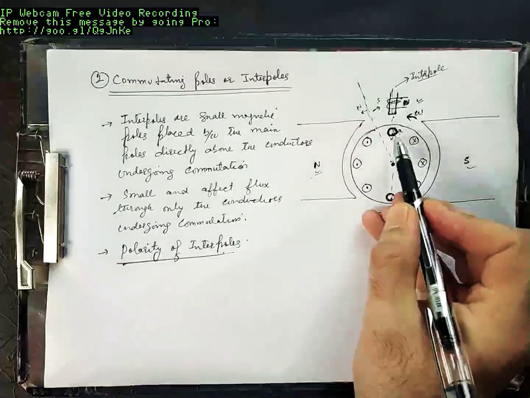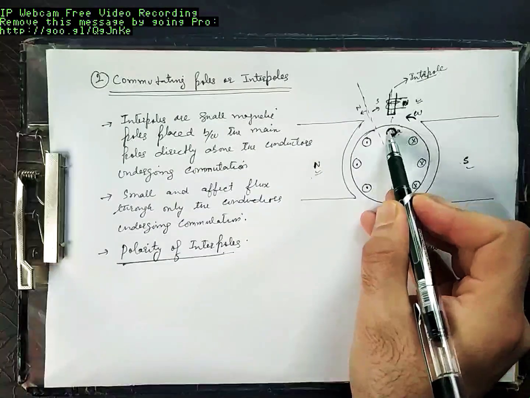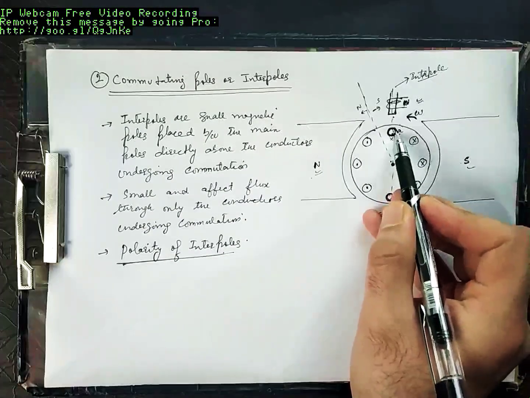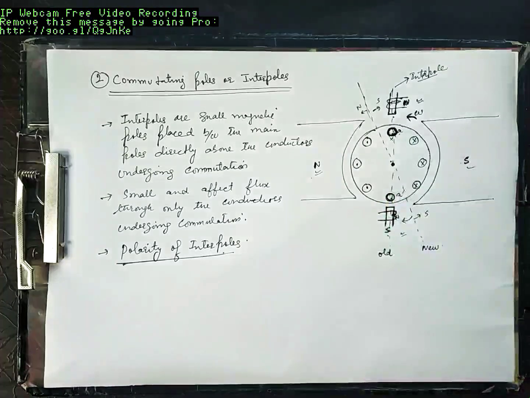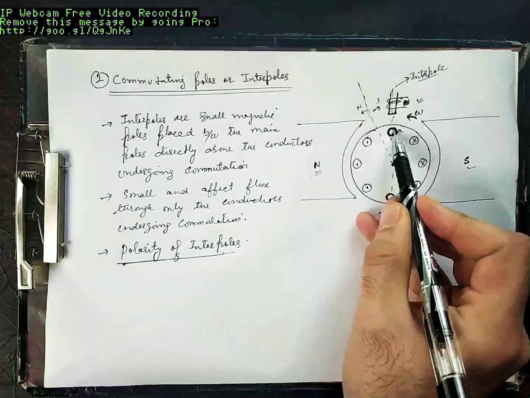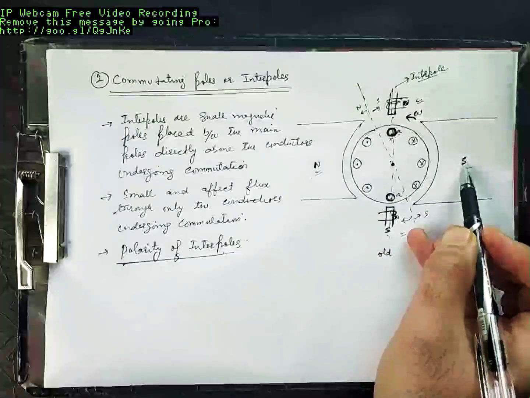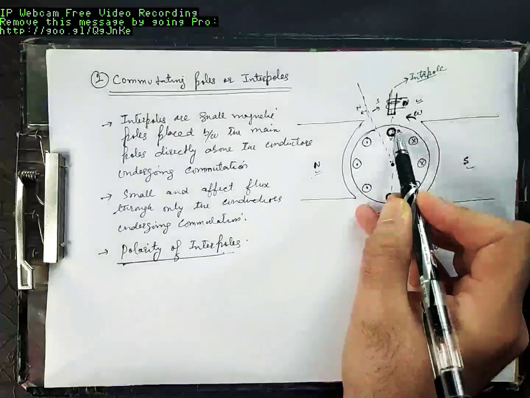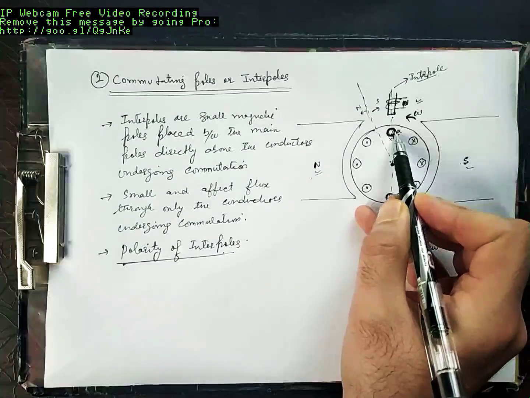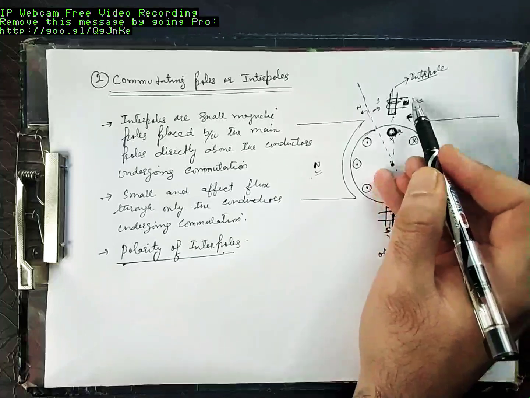But we want the net flux, or net EMF, through this conductor to be 0. Already this conductor is under south pole, so we want this conductor should have a flux of the north pole, so we use here a polarity of north pole.